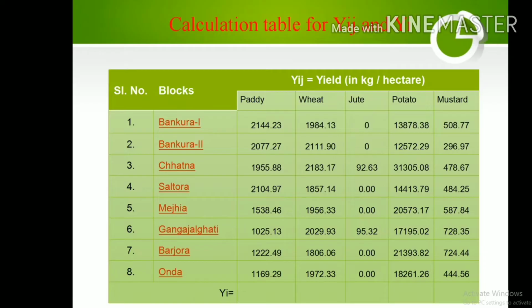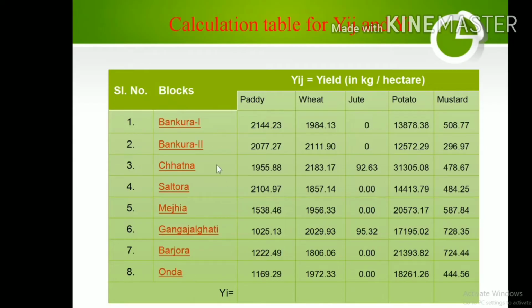You have to make an average of the yield rate, that is Yij, for individual crop for the entire region. So in case of paddy, you have to make an average for all 8 blocks, and this gives the result for Yi.